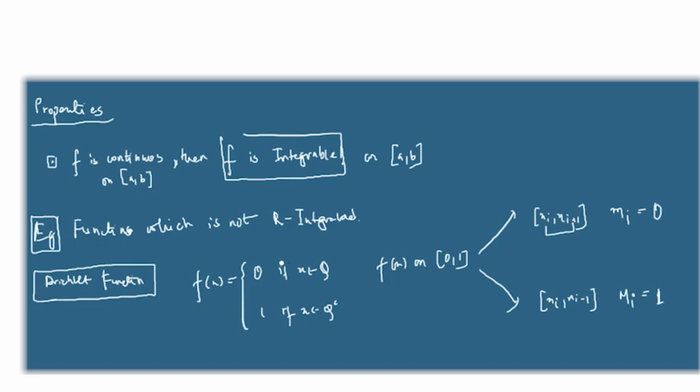Why? Because between every two numbers, there is always a rational number and an irrational number, right? So between every two partition points, the minimum height will be 0, and the maximum height will be 1, for whatever small interval you take.